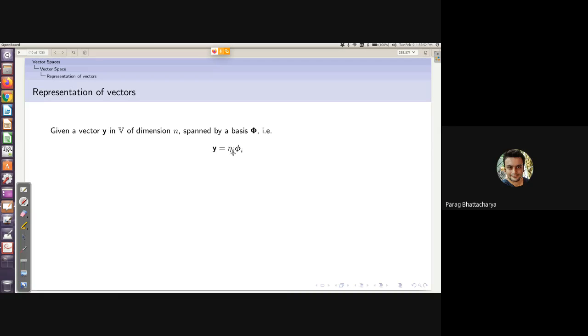Here, which is the dummy index? The dummy index is i, because i is repeated, so it is understood that this is actually summation over i of eta i phi i. We don't put the summation here. We just leave the summation aside and put it as eta i phi i, because i is a dummy index, so it is summed over. So y is equal to eta i phi i.